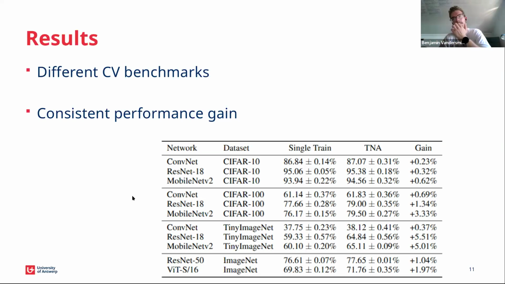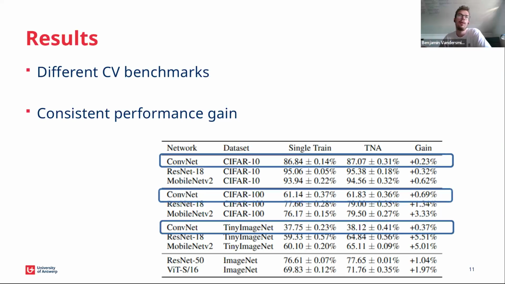Now, on the easiest case, the CIFAR10 dataset, we can see a limited gain of less than 1%. This is also quite to be expected, because in those cases, the networks already get a very good validation accuracy on these settings. So they already are quite good. Also, for the convnets, we similarly see only limited gain.